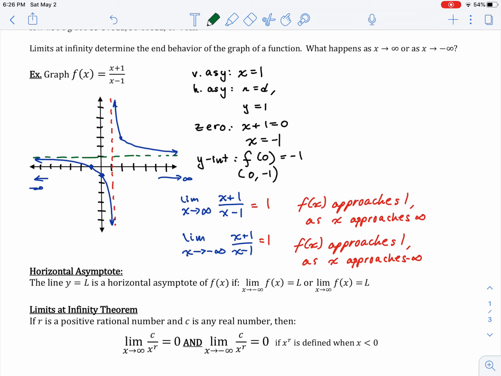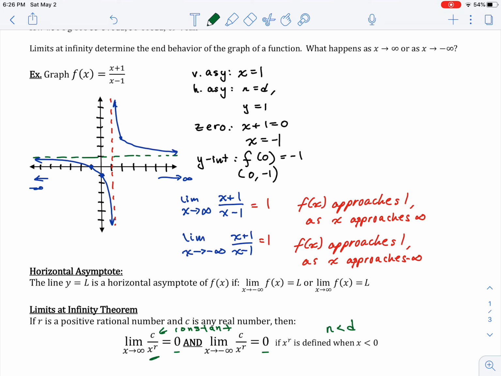And now would be a good time to also discuss the limits at infinity theorem, which simply says if c is some real number, in other words, some kind of constant, think back to what we know about horizontal asymptotes for rational functions. When our numerator is a constant and our denominator has some x value raised to some power r, the degree of the numerator is less than the degree of the denominator, which means our horizontal asymptote is 0.